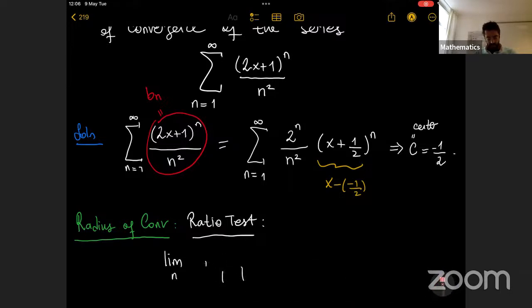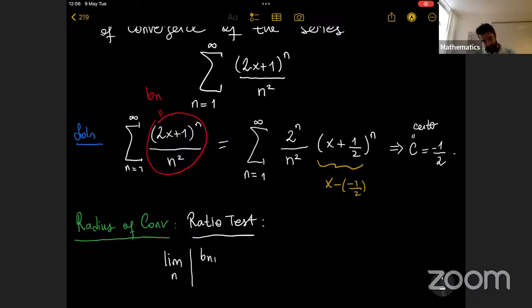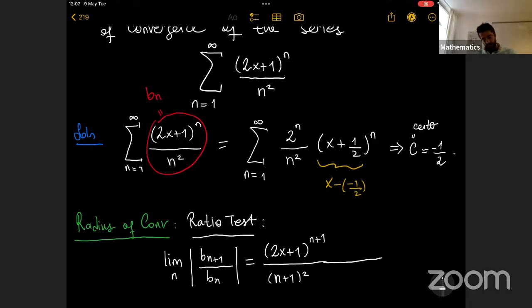Let's write this better. This should be less than 1 in absolute value. So it's going to be this over n plus 1 squared times n squared times 2x plus 1 to the n.